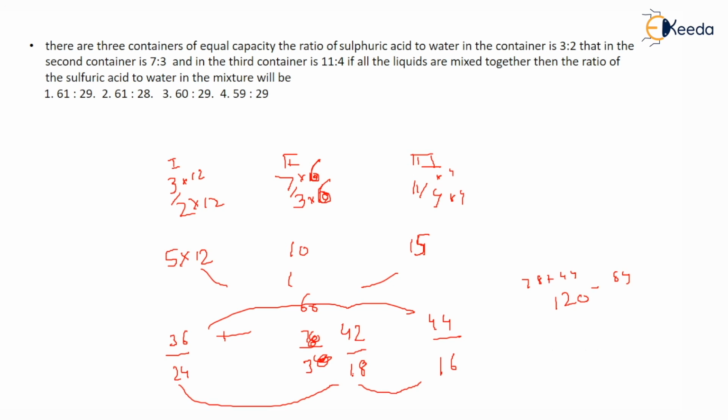Now you can add water. 16 plus 24 comes out to be 40, 40 plus 18 comes out to be 58. Now you can divide it. This comes out to be 61 and this comes out to be 29.